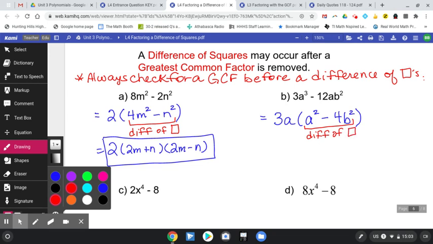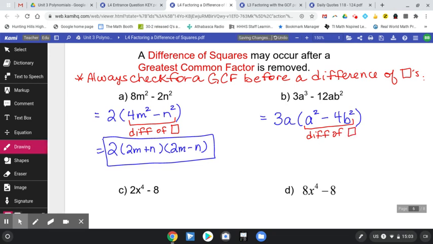So I can't leave it this way. I need to get it completely factored. So I have my common factor of 3a. Set up your brackets for the difference of squares. So square root of a squared is a, that goes first in each bracket. Square root of 4b squared would be 2b in the back of each bracket.